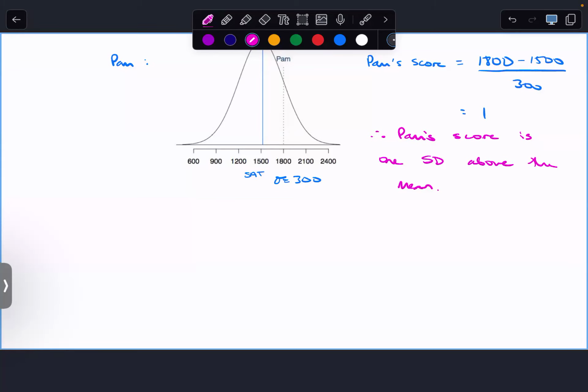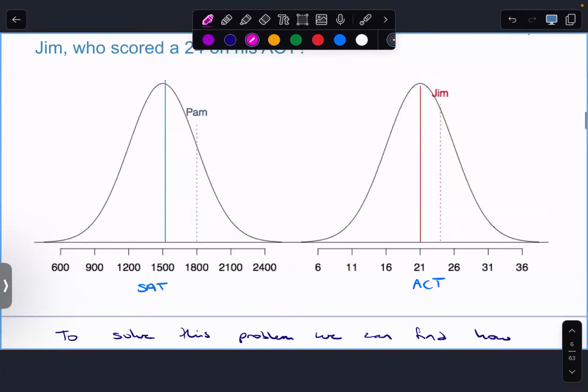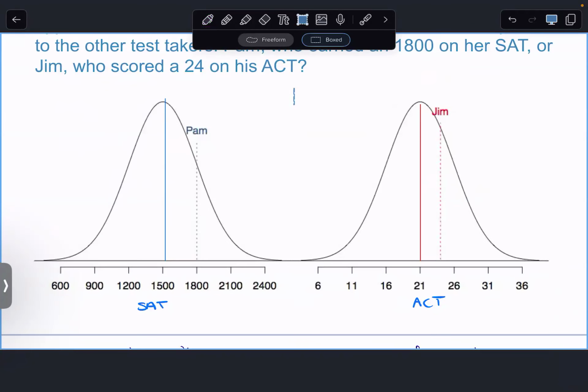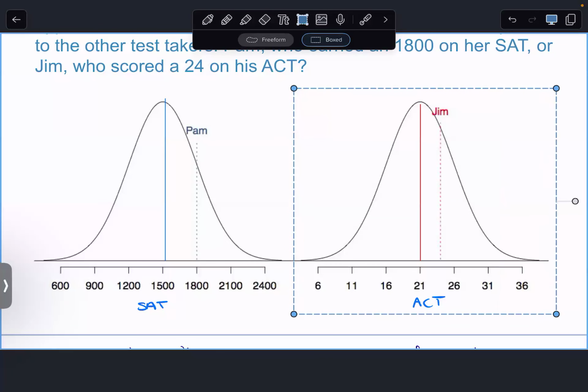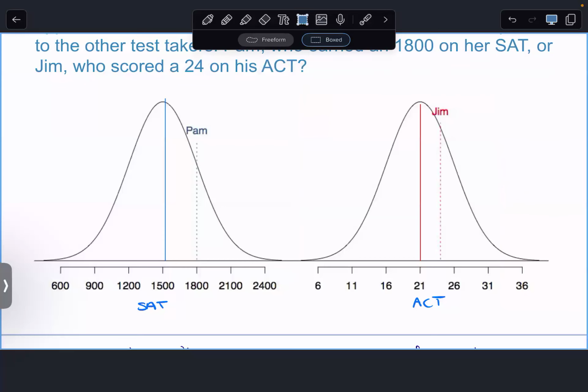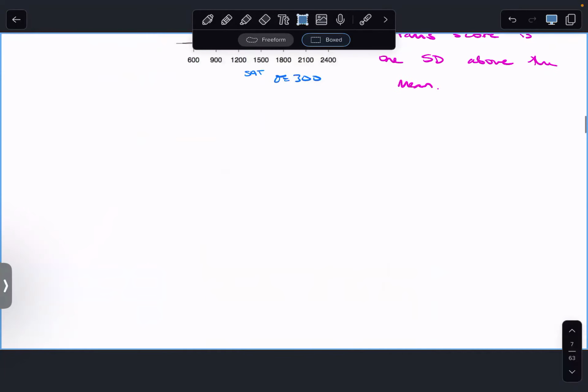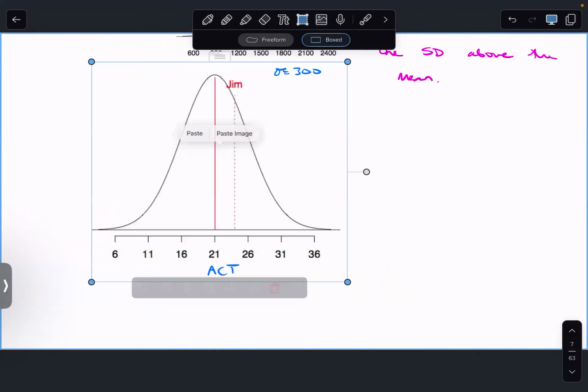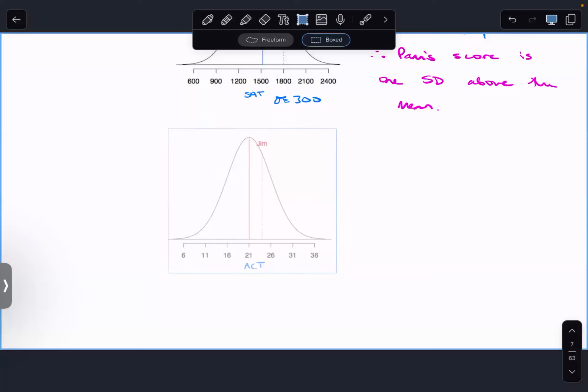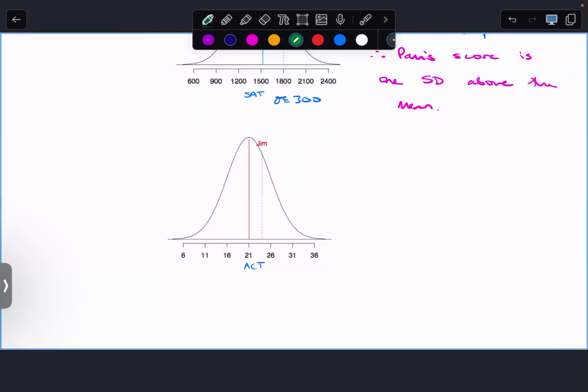Can do the same thing for Jim, who scored 24, which is not obvious from the graph or the image. Drawing in red is pretty jarring, so I'll do green.